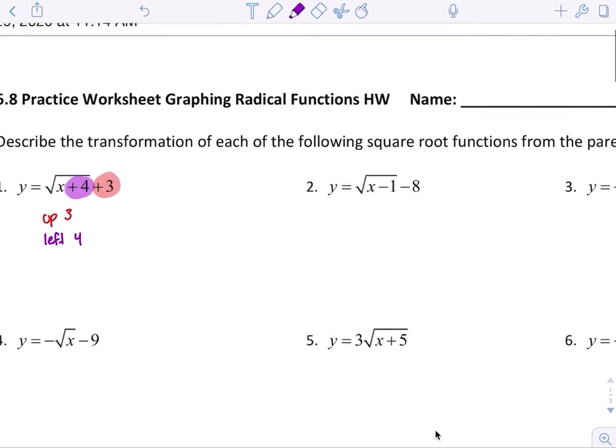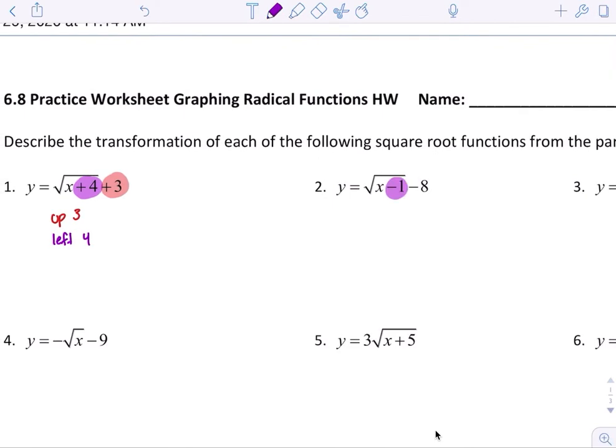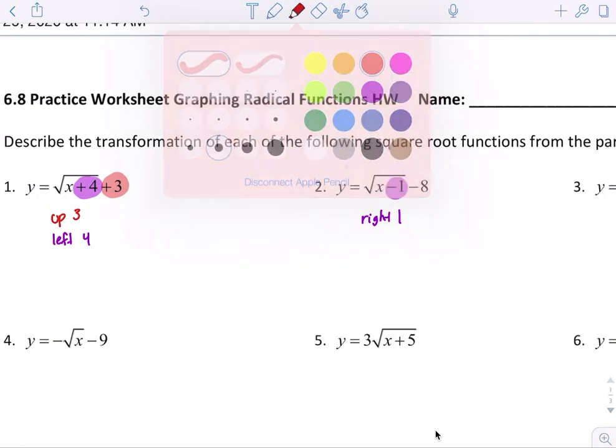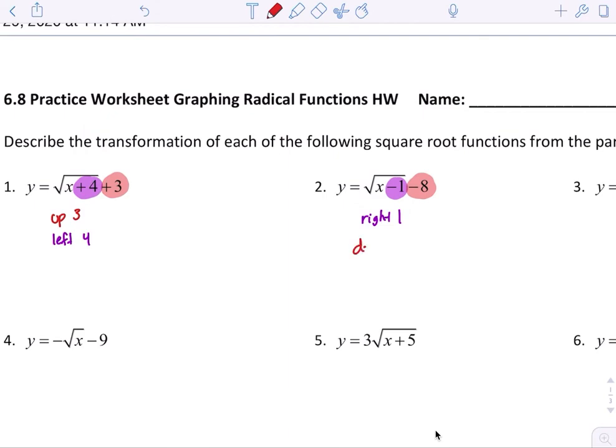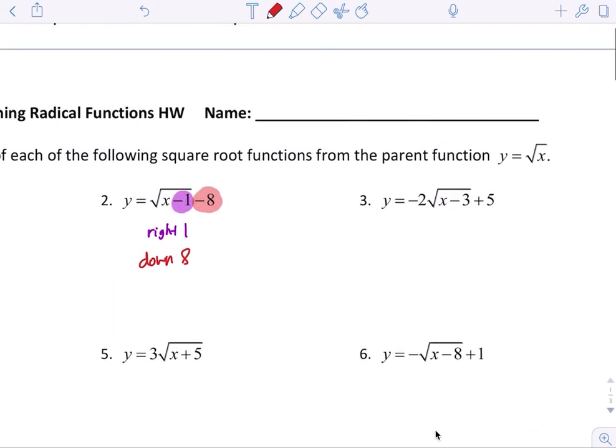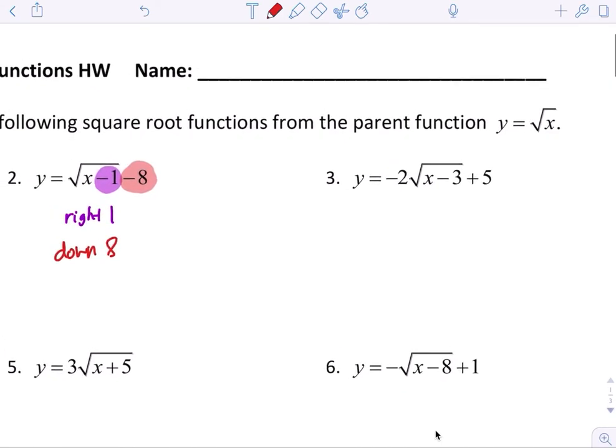Alright, this one is right 1. And this one right here is down 8. Remember, inside the square root is the opposite. Since it says x minus 1, that's why it was right 1.